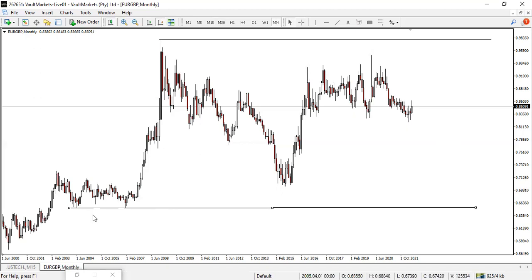Now again, if the market makers are pushing EURGBP from where it currently is to trade below this, what is it that they are targeting below this? Why would they push the price below this?